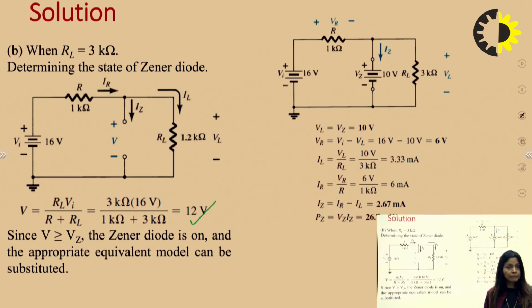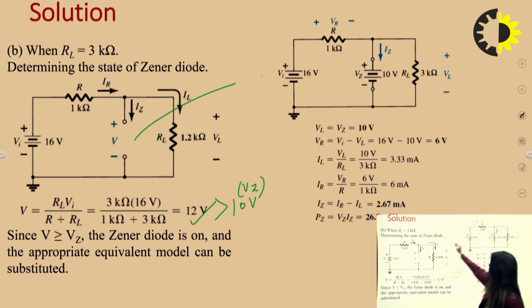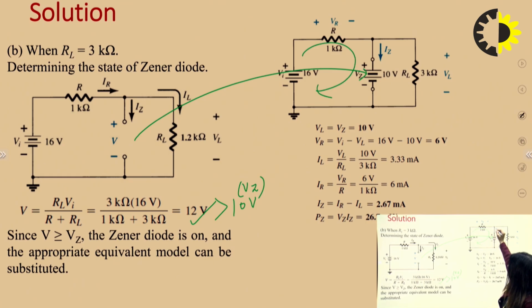So 12 volt. Now this is greater than 10 volts, the VZ. So we will convert this Zener diode into the form of a battery, and now we can apply Kirchhoff voltage law and KCL and KVL and calculate all these values, IR and IL, and after that you can calculate PZ is equal to VZ into IZ.